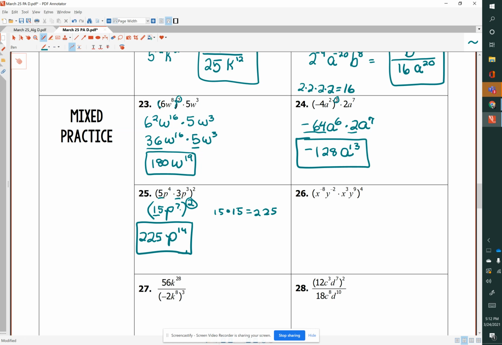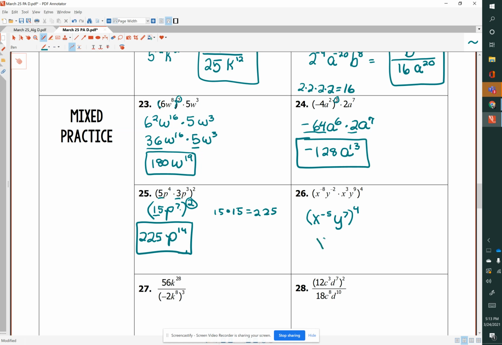I should probably make these bigger so I can read them better. Okay, let's work inside first. X to the negative eighth times x to the third would be x to the negative fifth power, y to the negative second times y to the third would be y to the negative 2 times y to the ninth will be y to the seventh, and then all of that is raised to the fourth power.